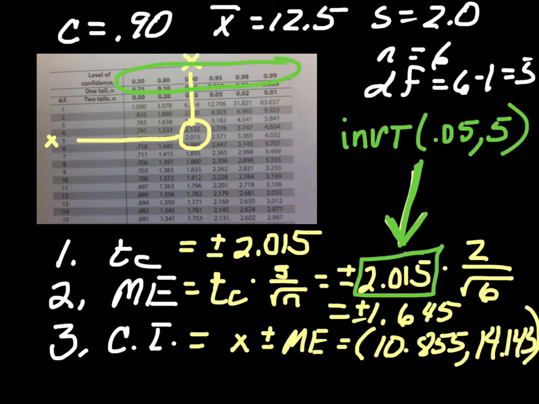So if we wanted a confidence level that was not listed here, like 92, 96, 85 or something like that, then the inverse t really helps us in those cases to get the correct critical value.